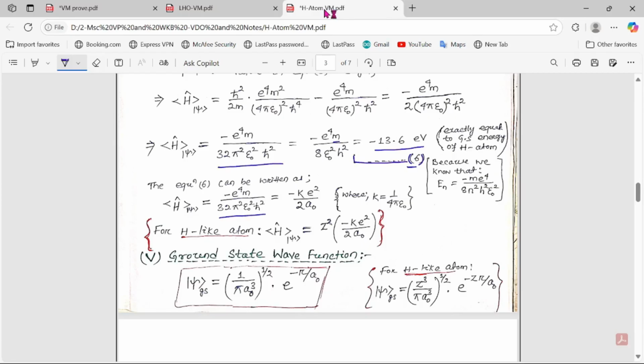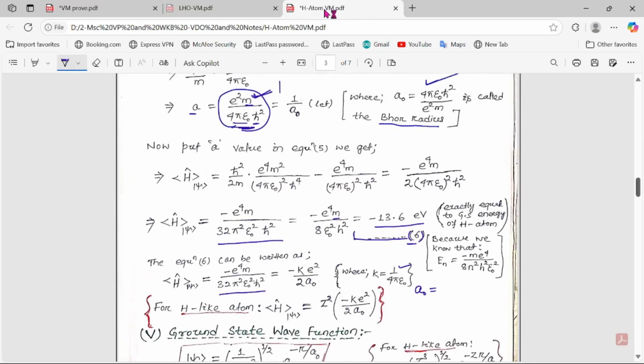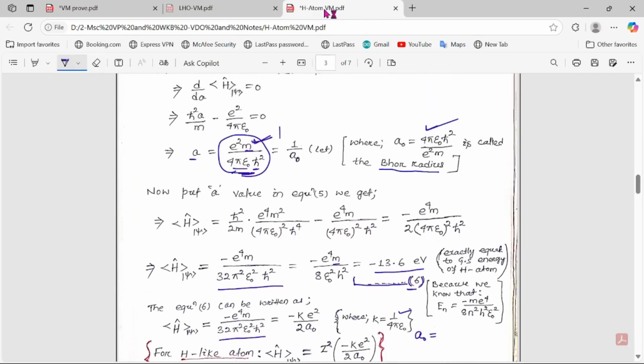Here this value can be written as minus k e square by 2a naught. Here the k value is nothing but 1 by 4 pi epsilon 0, and the a naught value is 4 pi epsilon naught h cut square by e square m. You just do it roughly, substitute the k value and the a naught value, and you will find exactly this much.